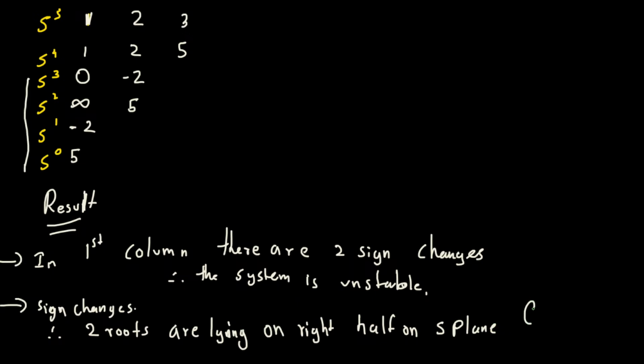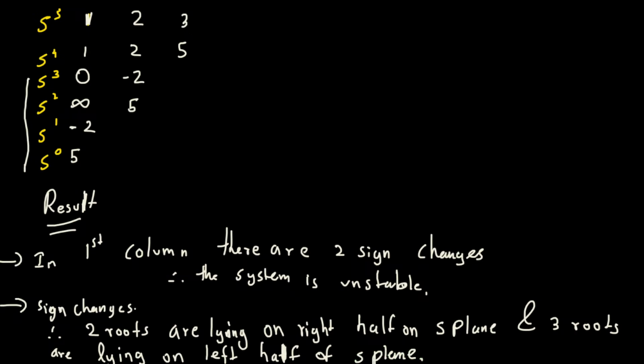And the rest of them will be in the left half. So we can say the rest of the 3 roots are lying on the left half of the S plane. Okay, and that is it for this question.